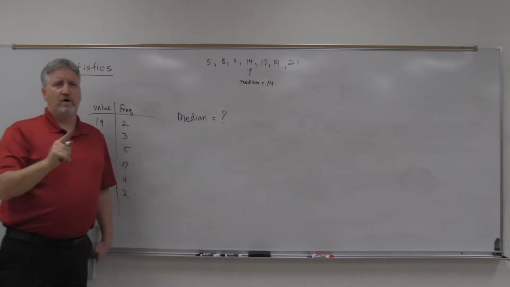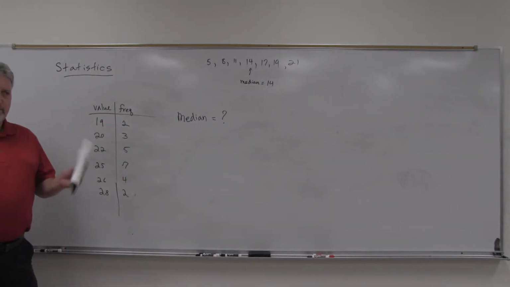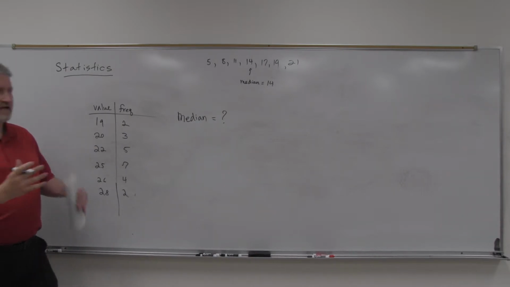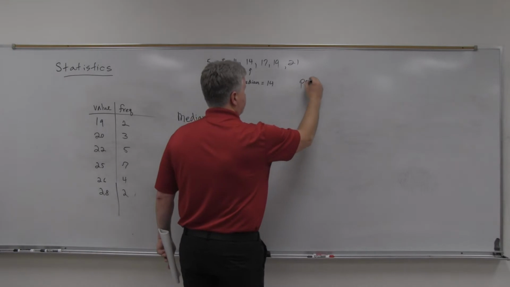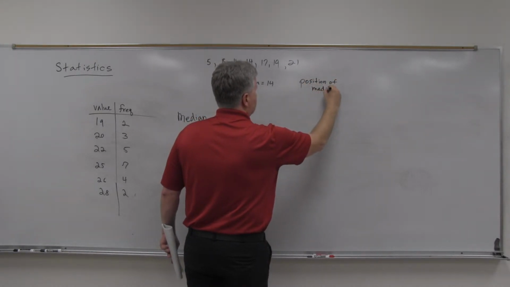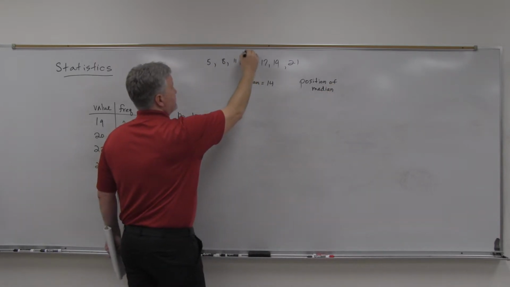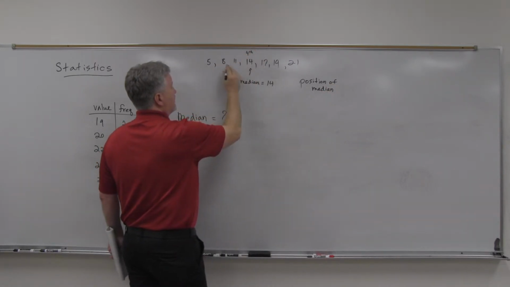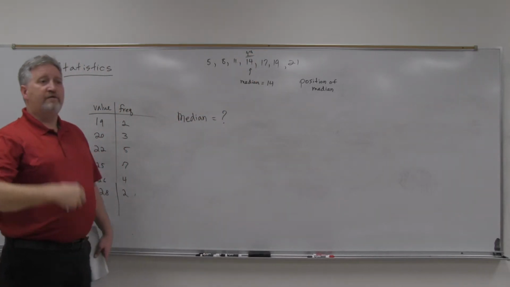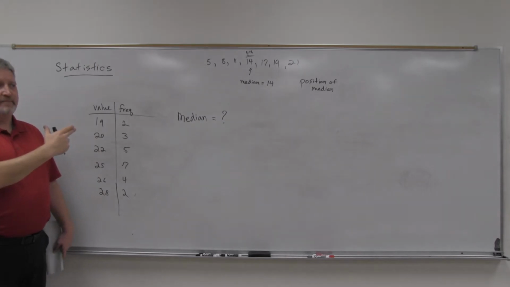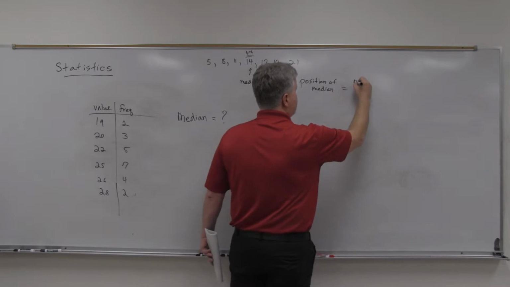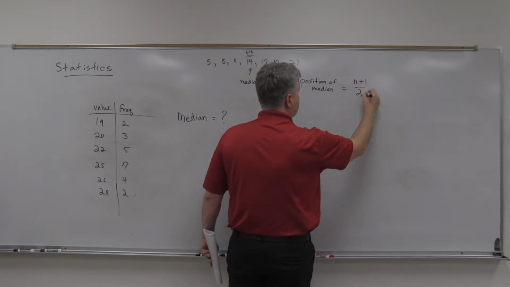What I wanted to say though was, there's a formula that when you get a bigger list can help you find that median. The position of the median is what I'm referring to here. In this case, the position of the median is in the fourth slot. First, second, third, fourth slot is the position of the median. Well, the formula that goes along with that, we didn't need it there, but if we do need a formula, the position of the median is you take n plus 1 and divide that by 2.